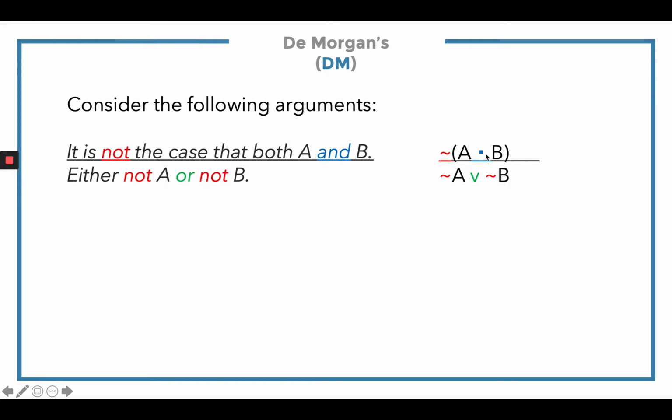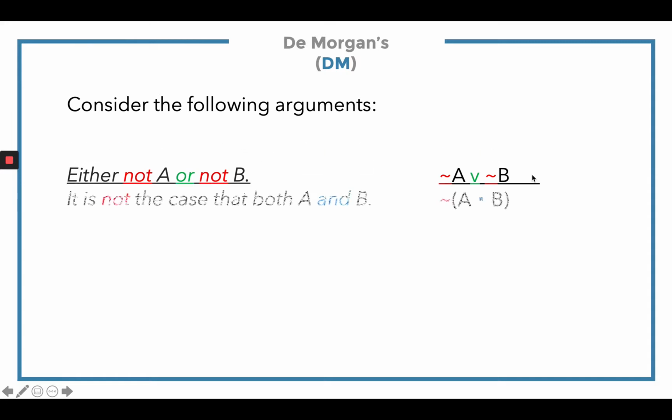And we can go from this statement here, it's not the case that both A and B, to either not A or not B. And we can go back.